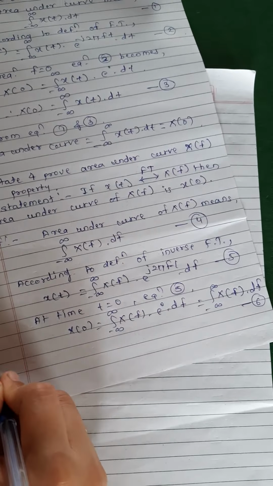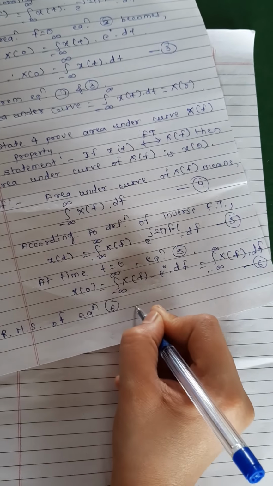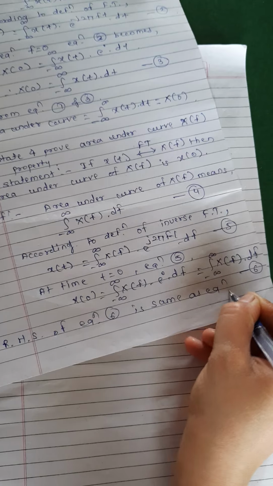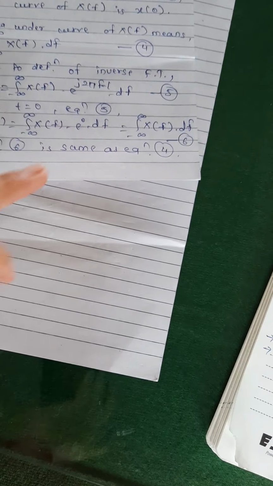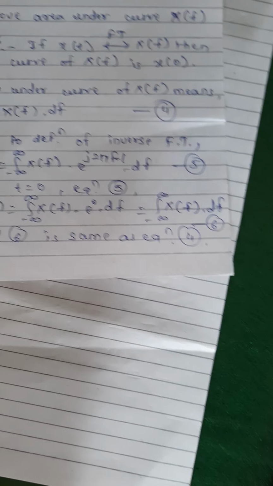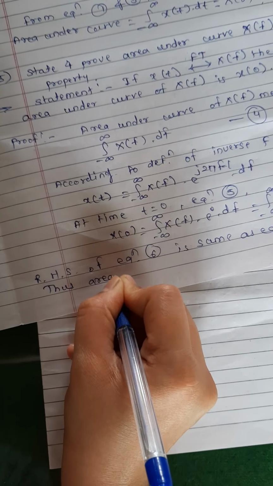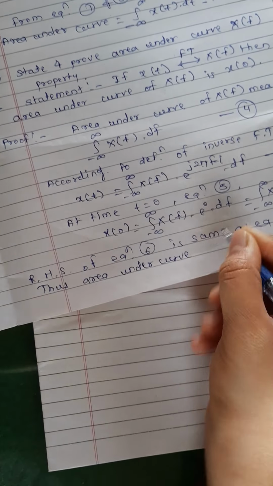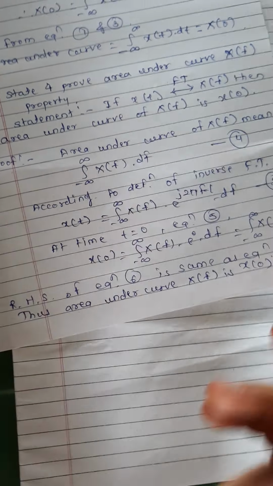Now the RHS of equation 6 is the same as equation 4. So the area under curve x of f is x of 0. Thus the area under curve x of f is x of 0.